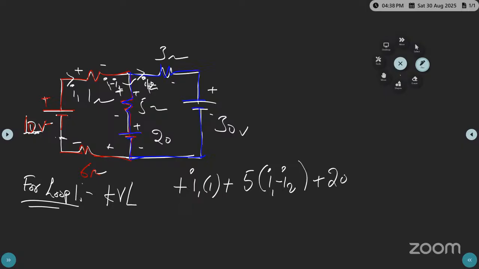How are we getting this plus and plus? While traveling in a clockwise direction, we get the plus symbol before entering the element. Plus, plus, plus, plus, minus. Yes? Minus 10 is equal to 0.